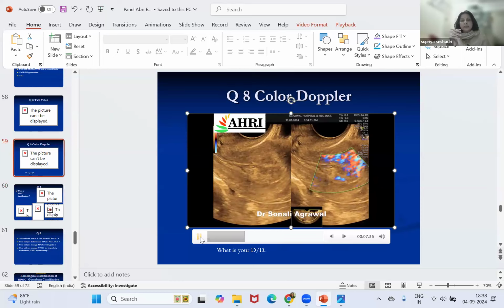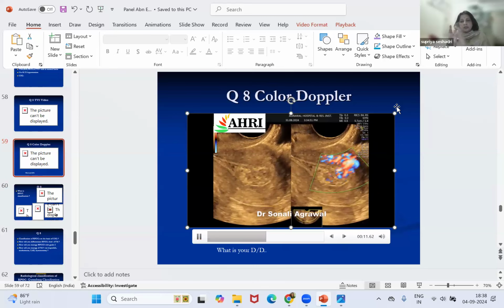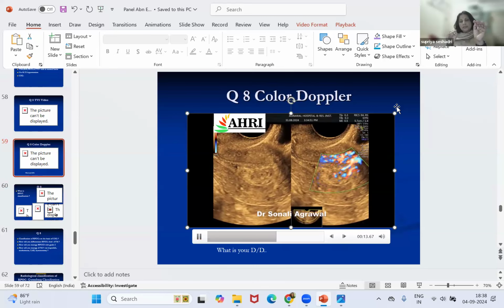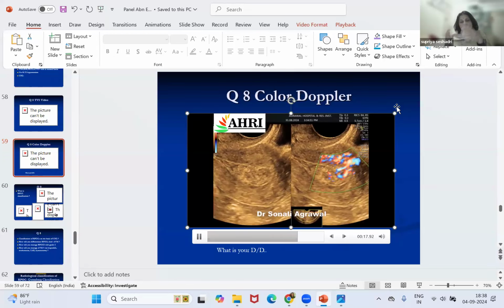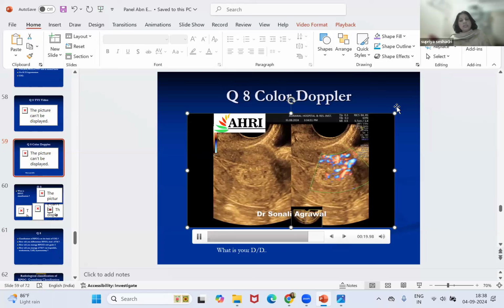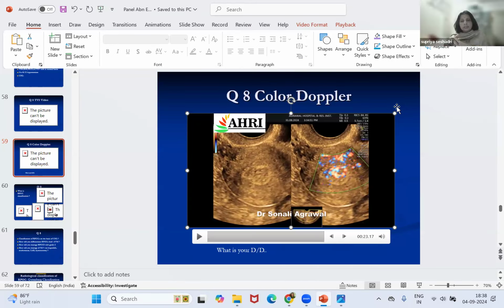But sometimes we are not able to decide, is it an RPOC or not? Now, there is one group which types it. They compare the vascularity of whatever is inside the endometrium to the vascularity in the myometrium. If the myometrium shows vascularity and the endometrium does not, that's type 0. If there is vascularity in the endometrium which is the same as the myometrium, that's type 1.